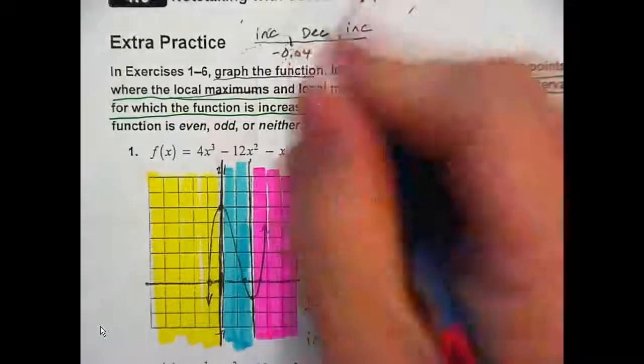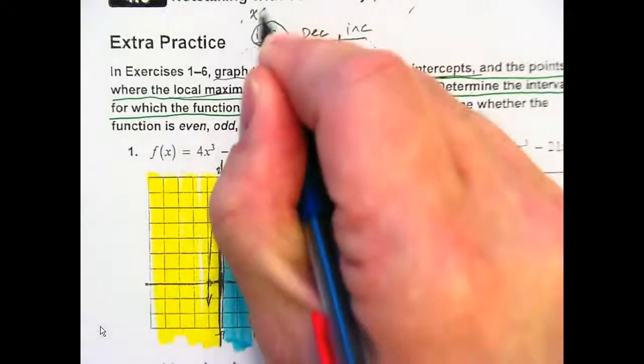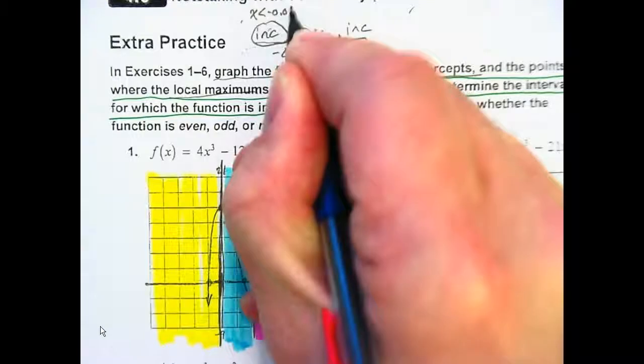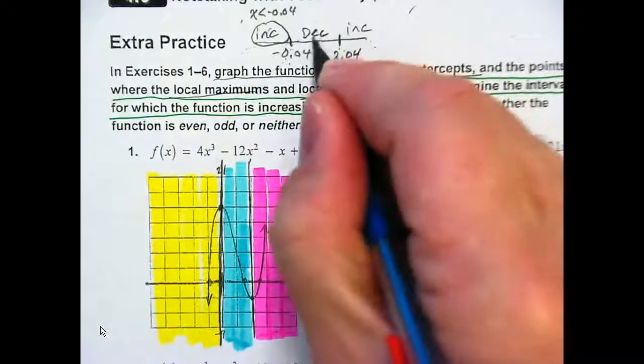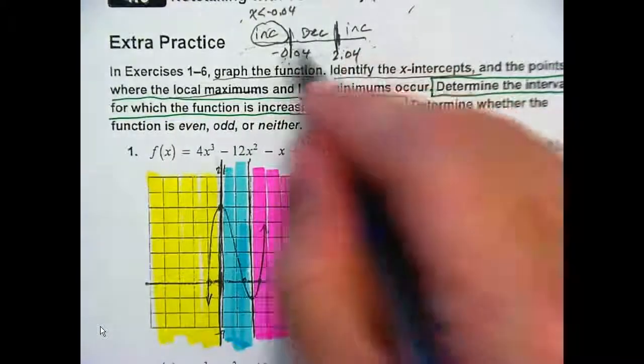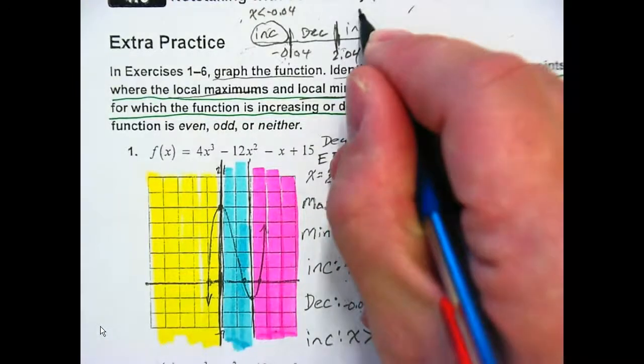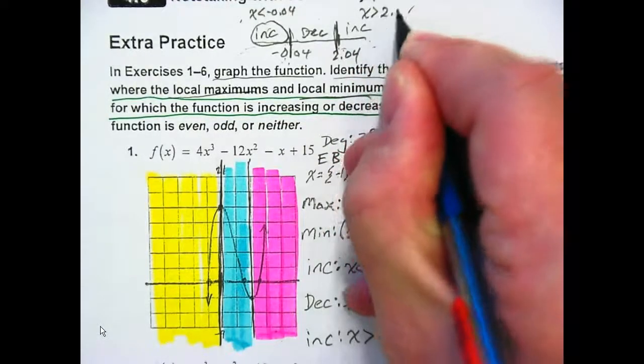So you could write this. This region right here is x is less than negative 0.04. This region right here is a compound inequality. We've talked about it like if we were doing shading. That's a compound inequality we will come back to, and then it's increasing again when x is greater than 2.04.